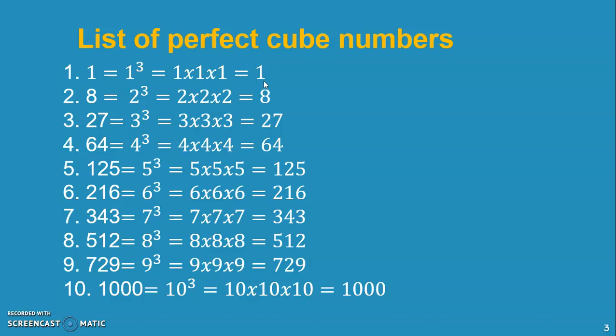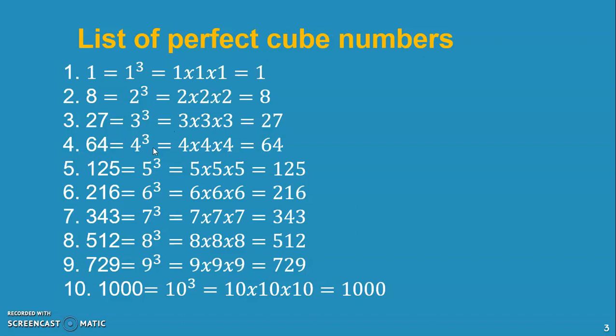Then we have 8. 8 is a perfect cube because if you multiply 2 by itself 3 times, the result is 8. Then we have 27, a perfect cube number. It is 3 cubed. Multiply 3 by itself 3 times is equal to 27.